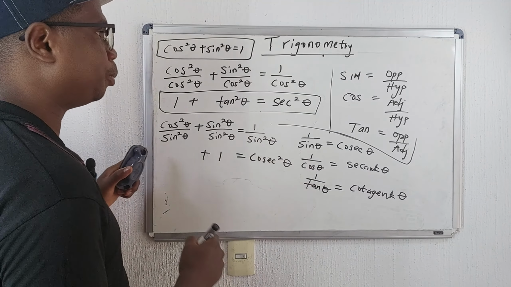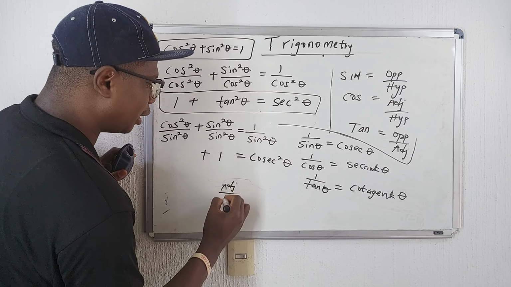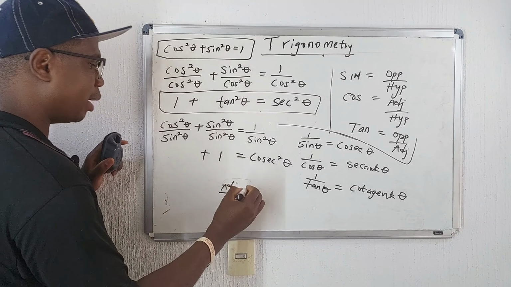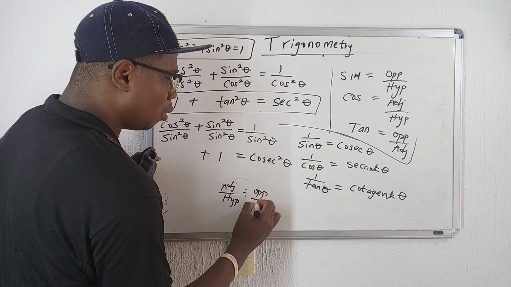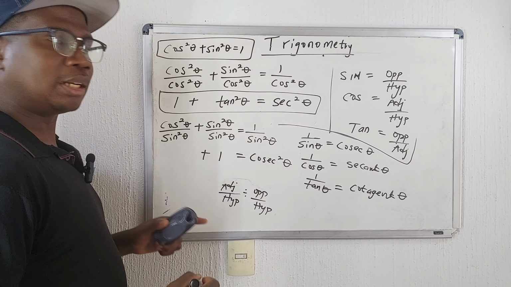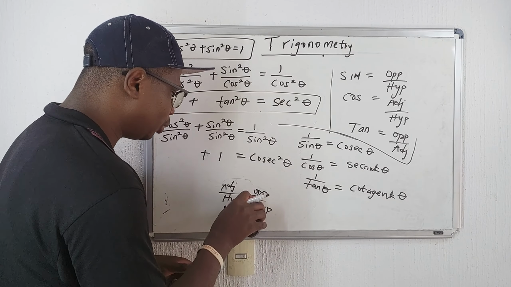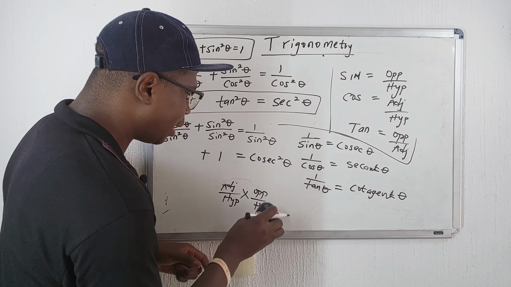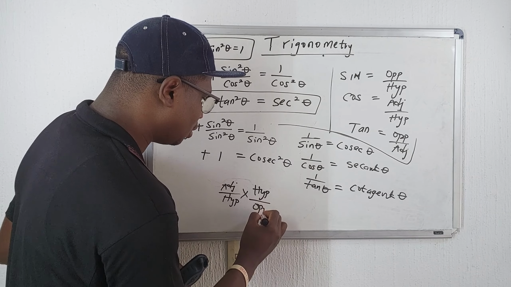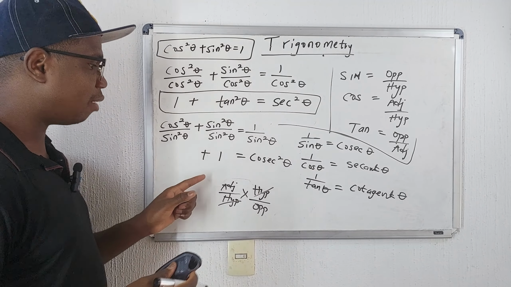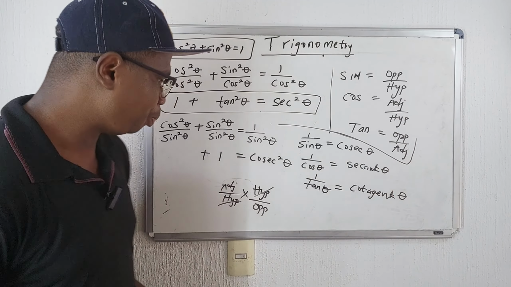Now, how can we get this? We'll do the same thing we did there. Now, our cos theta is what? Adjacent over hypotenuse, divided by sine theta, opposite over hypotenuse. Now, for us to divide it, we change this to times, then invert it. So that will be times hypotenuse over opposite. The hypotenuse cancels the hypotenuse. So we have adjacent over opposite, which is the inverse of tan.